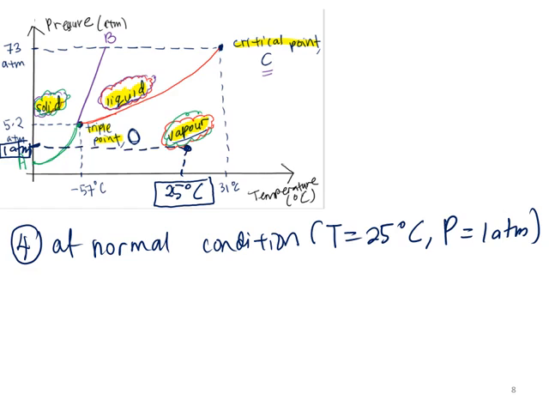Kita punya CO2 at normal condition exists as solid, liquid or vapor from this phase diagram. The point located in vapor region. That's why lah CO2 exists as gas at normal condition. So at normal condition, CO2 exists as gas. Itu point yang keempat. Dan pelajar mesti tunjukkan, show the point for the normal condition in the phase diagram.